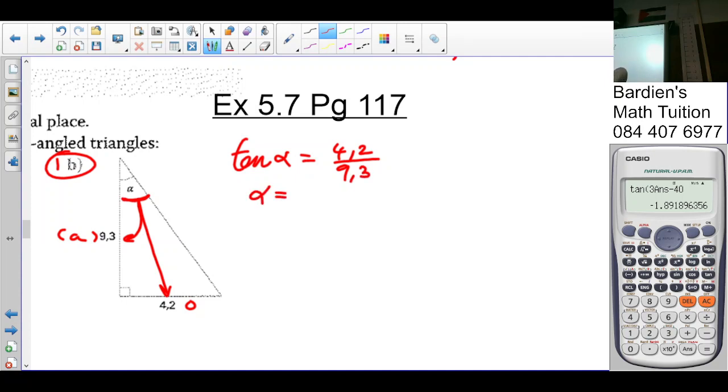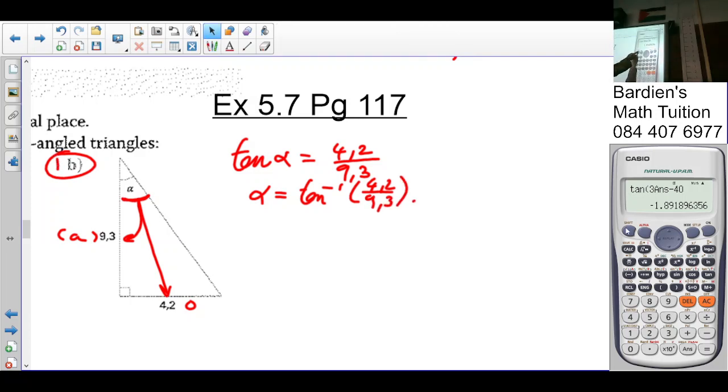So to get alpha on its own, I take arctan both sides. Shift tan of 4,2 over 9.3. So that gives us, shift tan or arctan of 4.2 over 9.3.